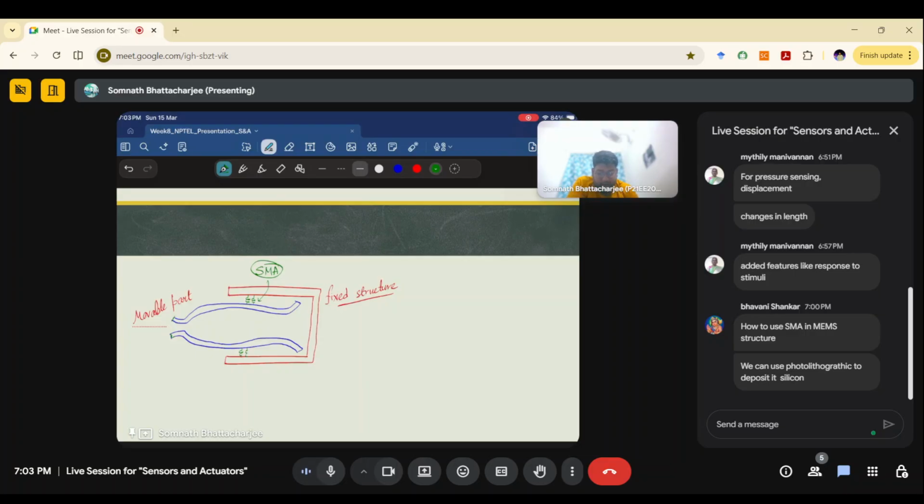Apart from that, I am drawing only two springs, but there will be multiples, right? Otherwise the movable part won't be completely connected to the fixed surface.